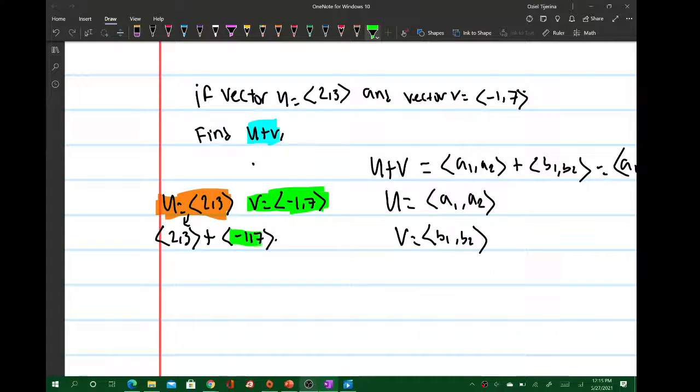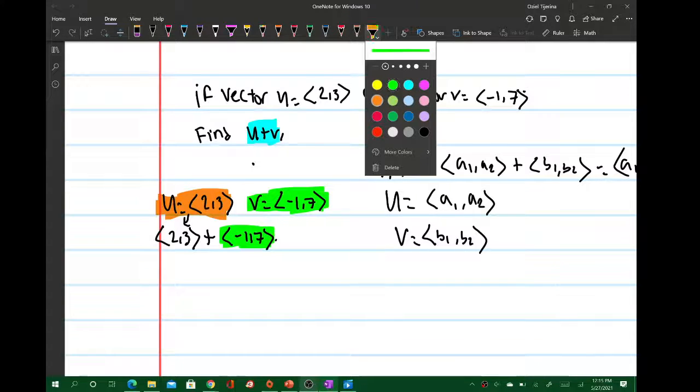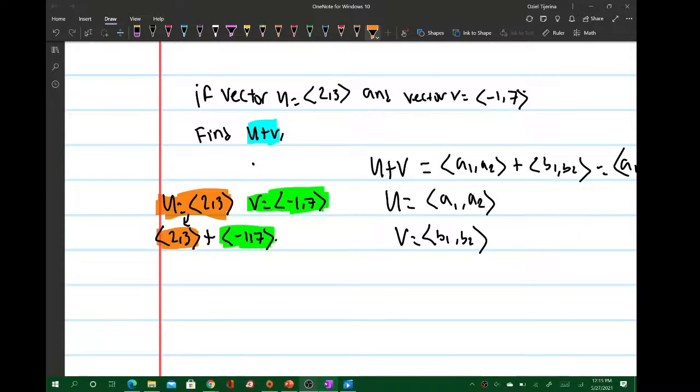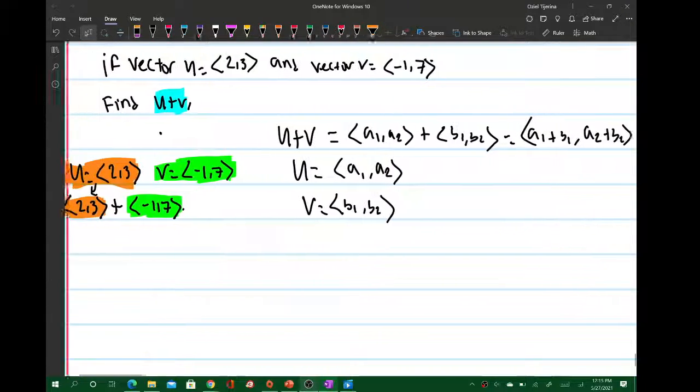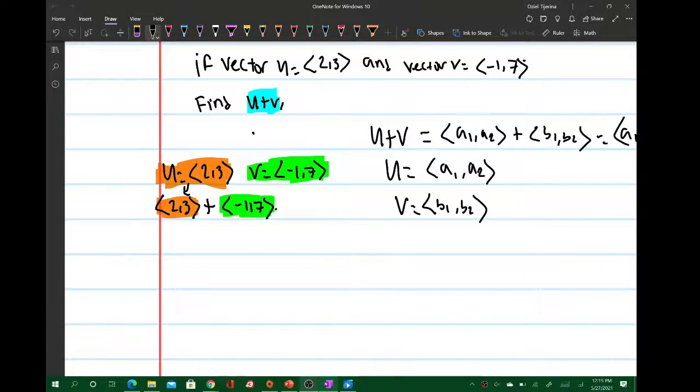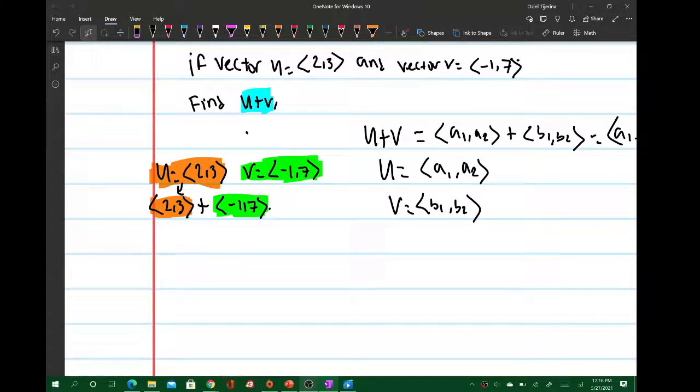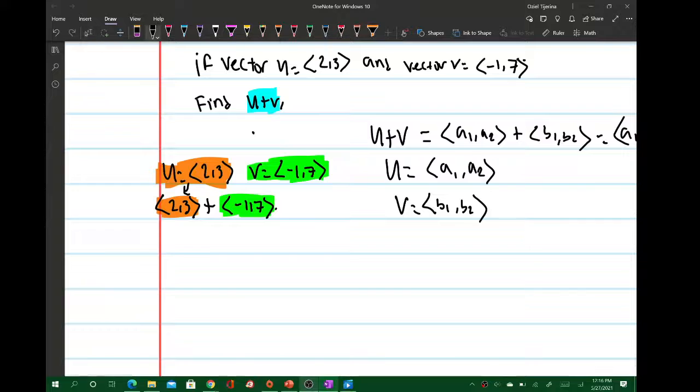Now, using this formula that we have over here, we can find the addition of these two vectors. So this means we will have 2 plus negative 1, comma, 3 plus 7.